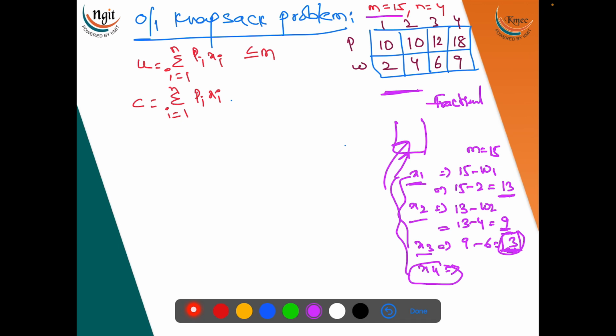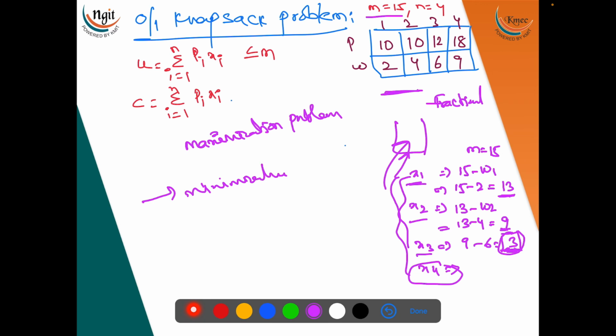Now, the problem is that the total profit gain should be maximized. So it is a maximization problem. But in the previous video on branch and bound, we discussed very clearly that the branch and bound approach is for minimization problems.